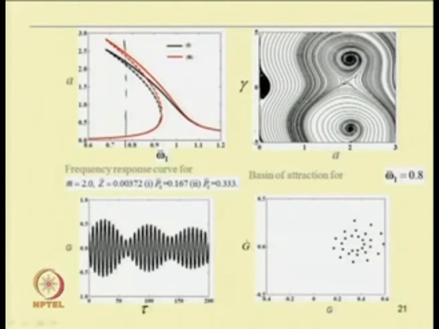So, this is one unstable equilibrium point that corresponds to the saddle node point, and these are center points. By plotting the basin of attraction, we know what the response will be if one starts from one initial condition or initial point.